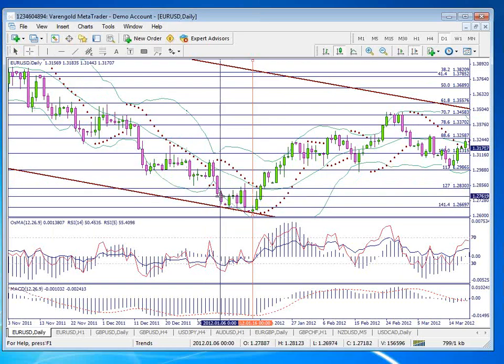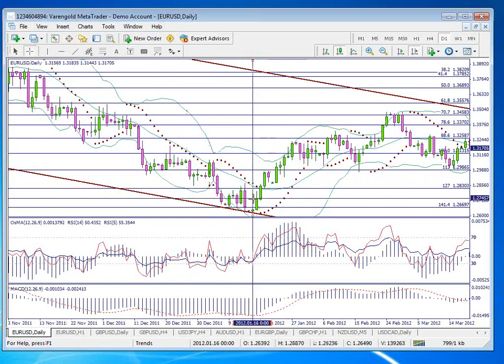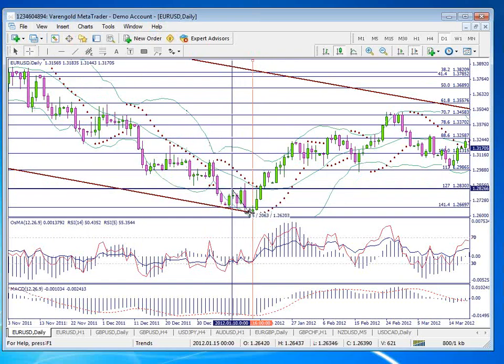That swing lasts for 12 days, and the amplitude also about 200 pips. So I'm mentioning all those things because I want you to know exactly what to expect from a trade on a big time frame.